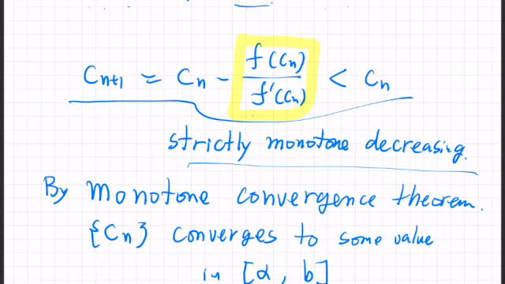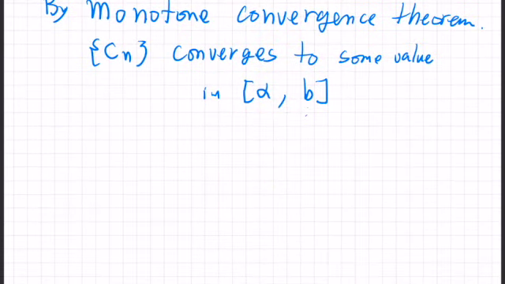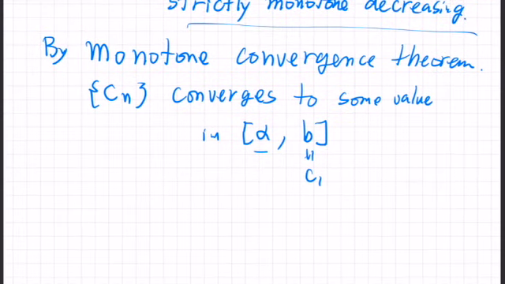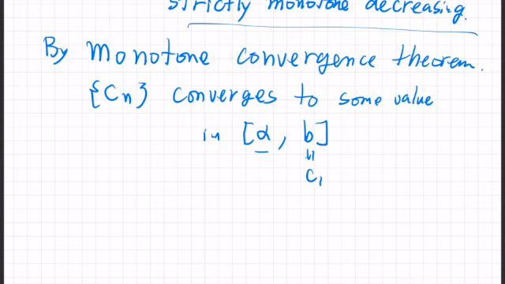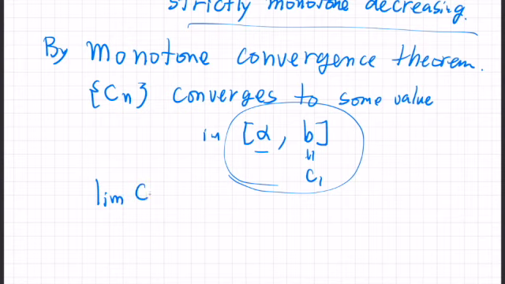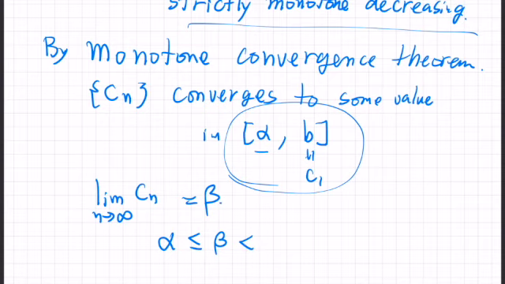Because we are starting from b, so b is C1, and Cn is strictly monotone decreasing and bounded below by alpha. So whatever the limit is, it is between this interval. Let's say the limit of Cn is beta. Then we have alpha less than or equal to beta, which is less than b.